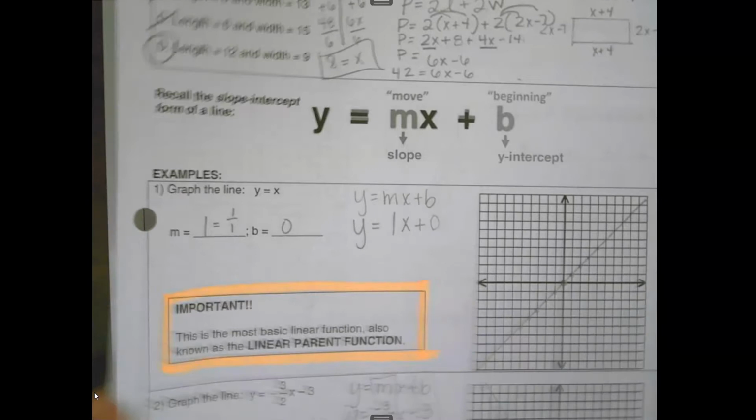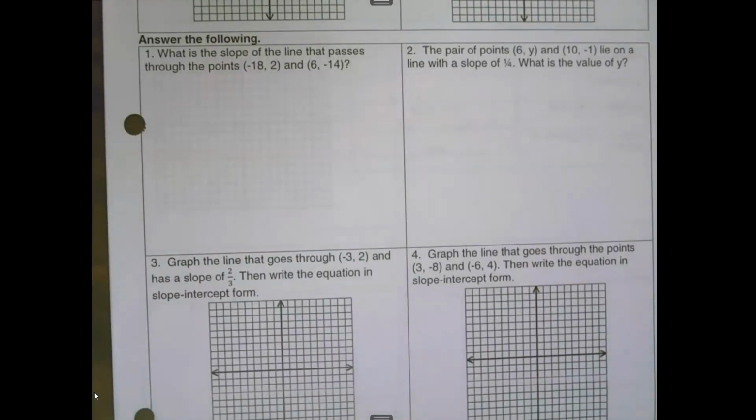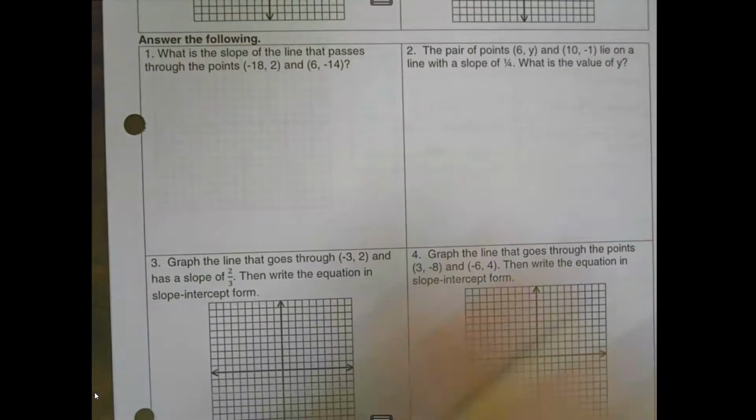Just let me know if you need graph paper, but you need to stay on top of your work. If you have any questions, please email me. Sorry, that's 5.4. Just let me know. I know doing it remote's not always the best, but hopefully you're understanding.